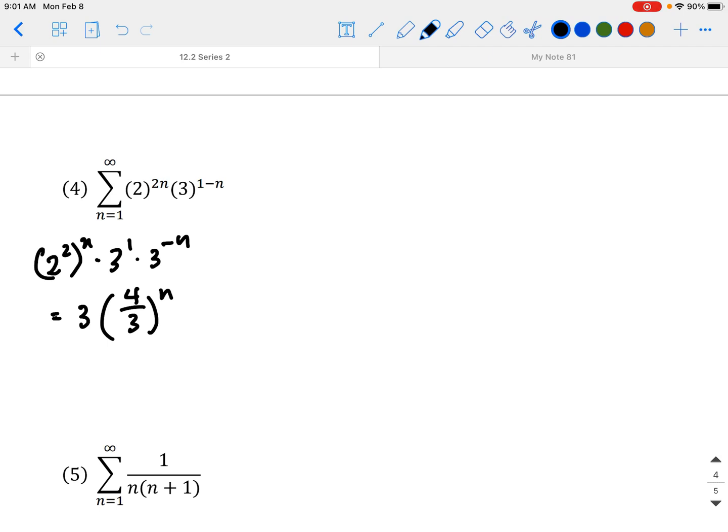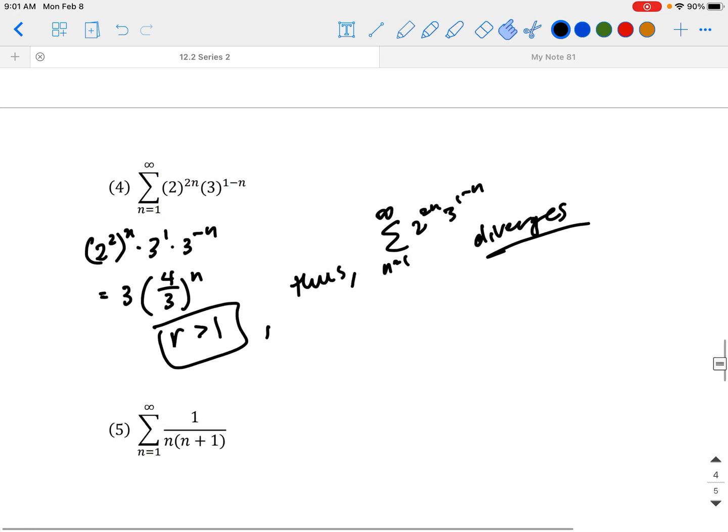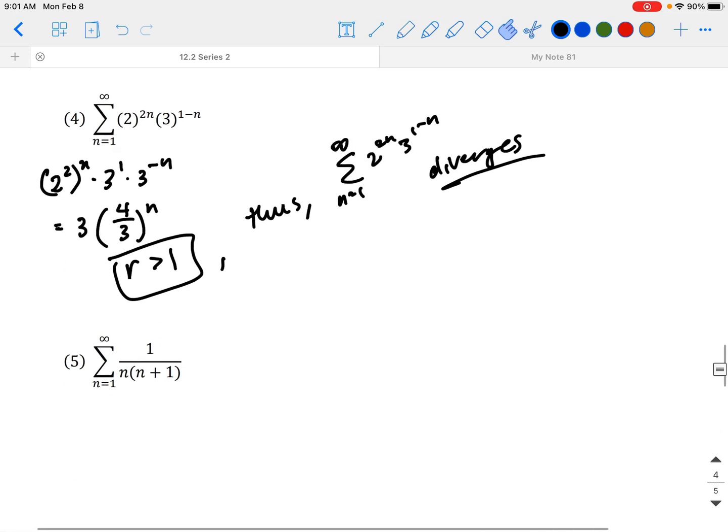So clearly r is greater than 1, thus diverges. So that's going to be a divergent series, but this rewriting of exponential terms is going to be very common.